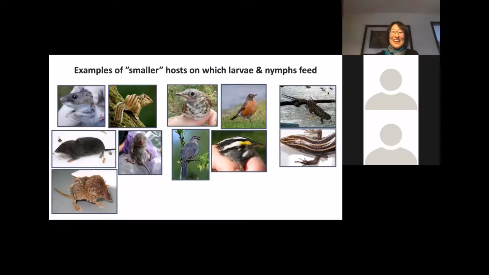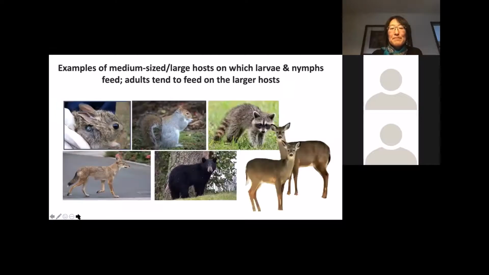Okay. Yeah, and that is the same mechanism for why the white-tailed deer is also not a reservoir for the Lyme disease pathogen. All right, and so here are just a range of some more medium-sized and large hosts.